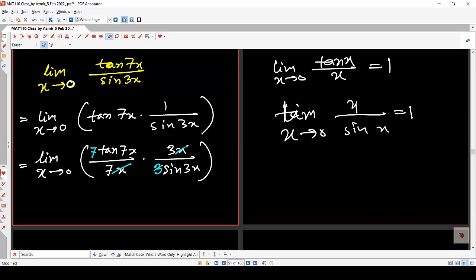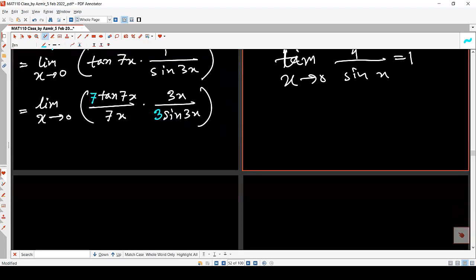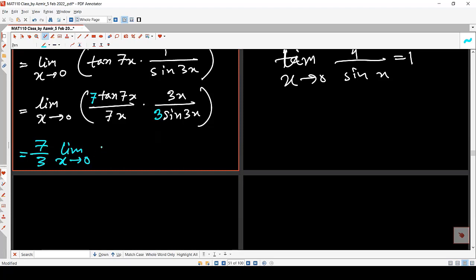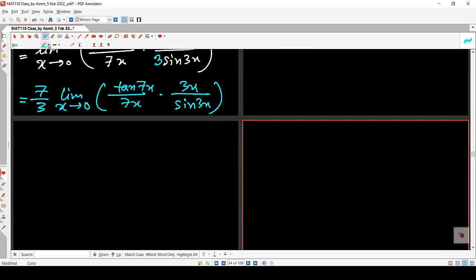So we can understand that this term and the previous term are balanced. So what we can do, we can bring 7 and this 3 before the limit. So 7 over 3, limit x tends to 0, then tan 7x divided by 7x times 3x divided by sine 3x.